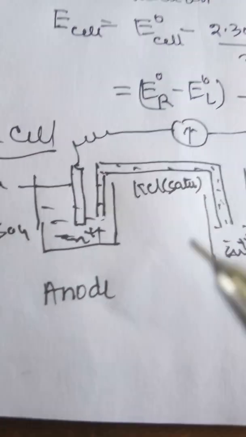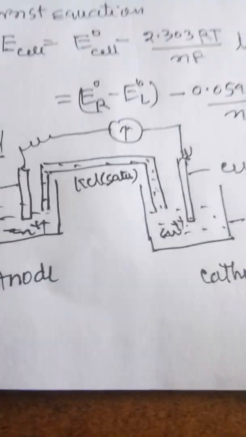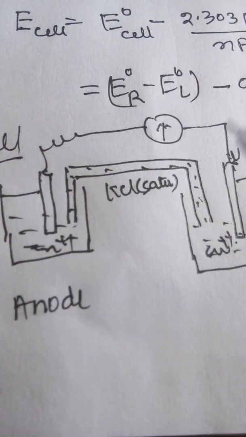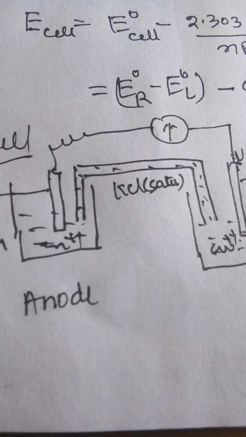For example, I have considered the Daniell cell, which is one of the galvanic cells. So this is the principle of the galvanic cell. Let us take the example of the Daniell cell.